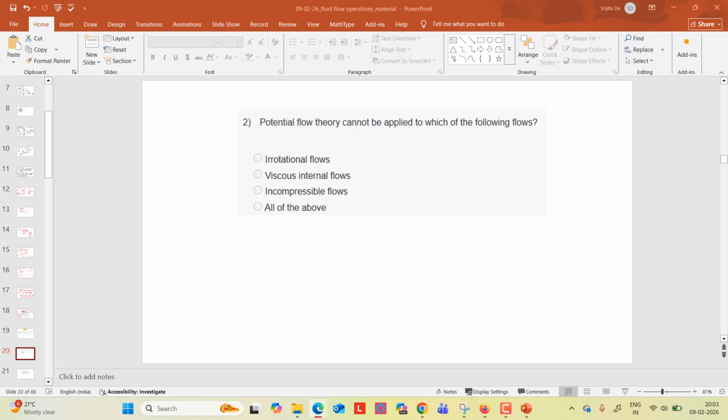Potential flow theory cannot be applied to which of the following flows? So potential flow theory can be applied in irrotational flows. It can be applied in incompressible flows, but it cannot be applied in viscous internal flows.